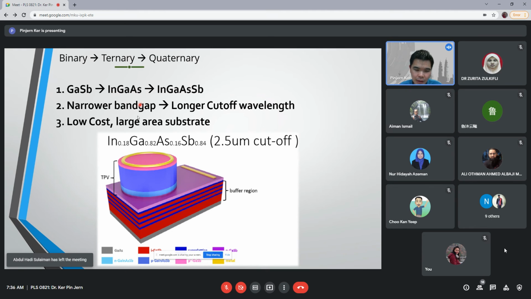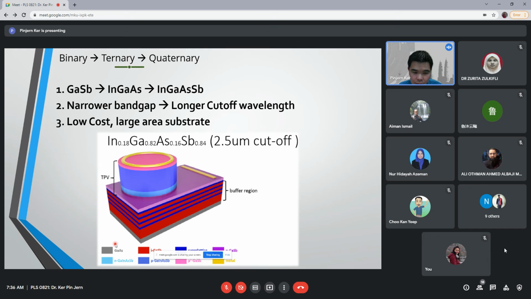But we were looking at how we can grow this quaternary compound onto a gallium arsenide substrate. That will significantly bring down the cost because you can get a large area substrate at a much cheaper cost if this can be done.